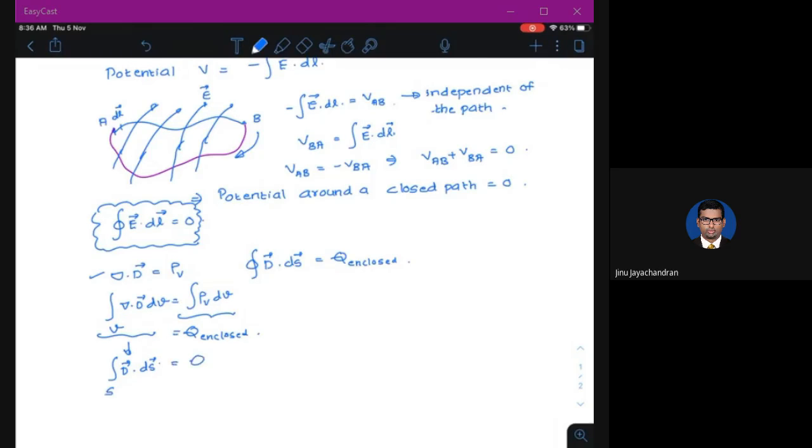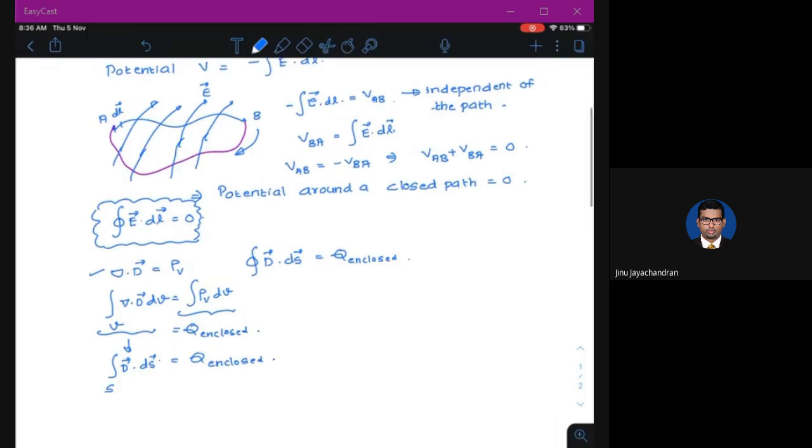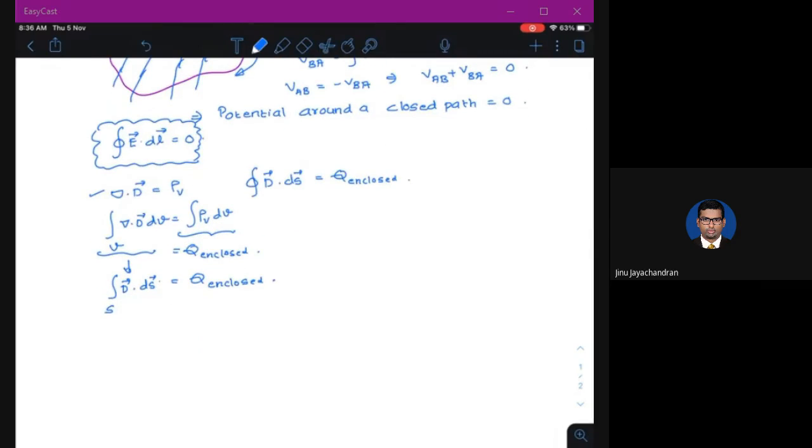This is Q enclosed. So these are the things that we have seen in the previous classes. So we will make use of these two equations. One, the equation of the Gauss law, and the other, that the electrostatic potential around a closed path is equal to 0.